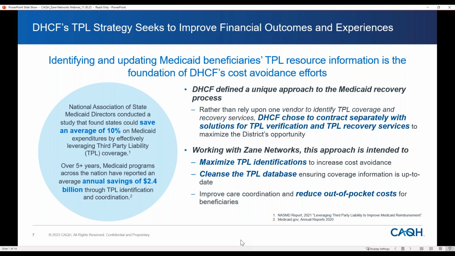Yeah, so about 4 years ago, probably closer to 5 at this point, DHCF, sorry, sometimes I get the letters confused, decided that they wanted to take a different and more unique approach to the Medicaid recovery process, and that is to separate out TPL from recovery and keep it as a separate offering, and actually did an RFP in order to allow that vision to happen.